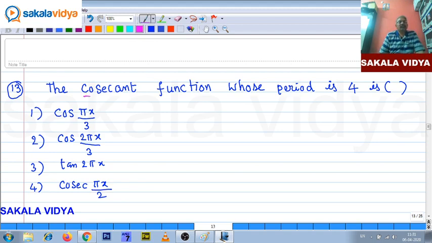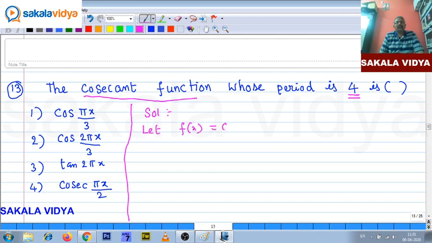So now the cosecant function we need to form whose period is 4. So now our plan, let us say f of x is equal to cosecant kx whose period is 2 pi by mod k, but this period is equal to 4.